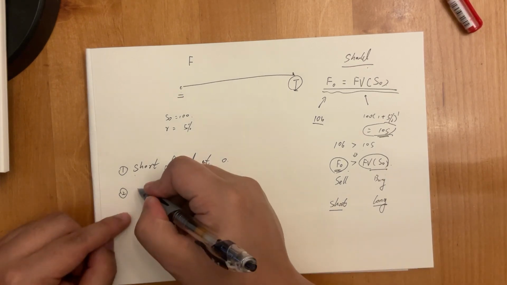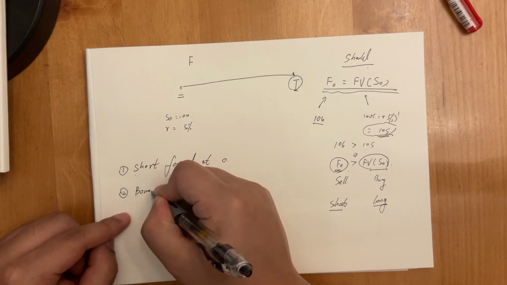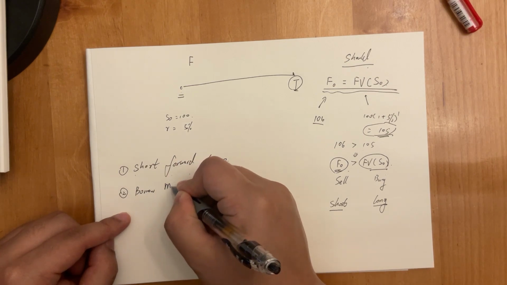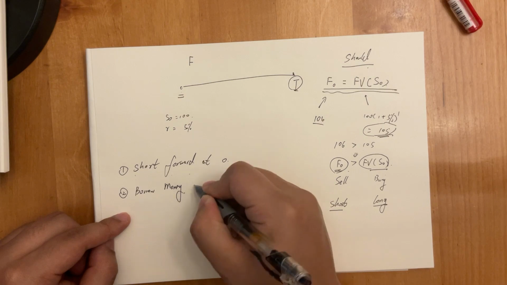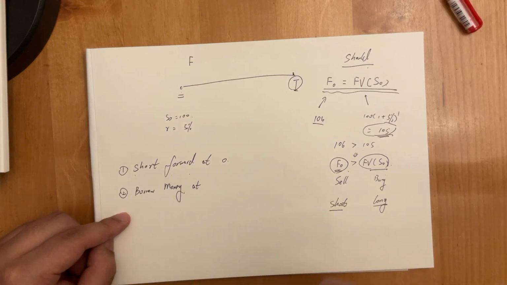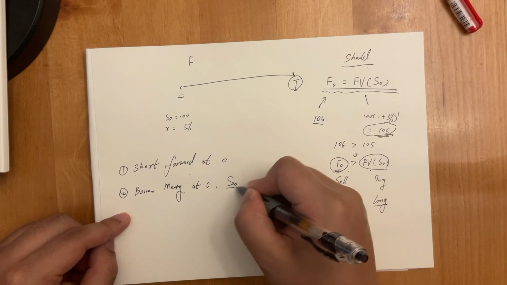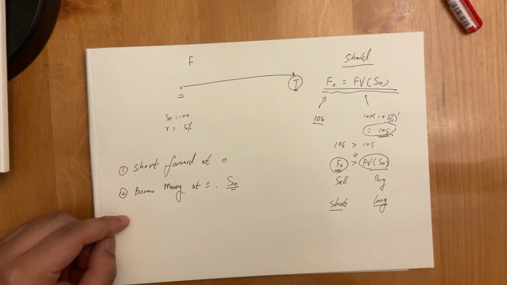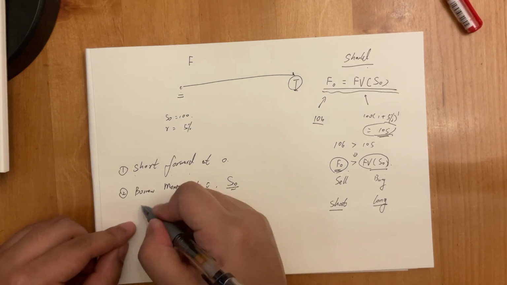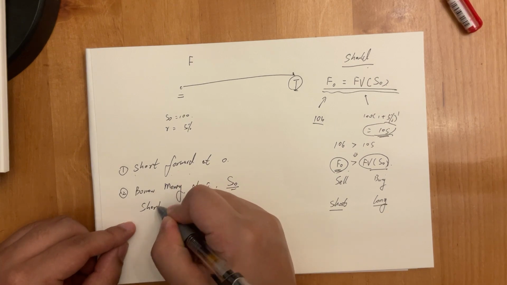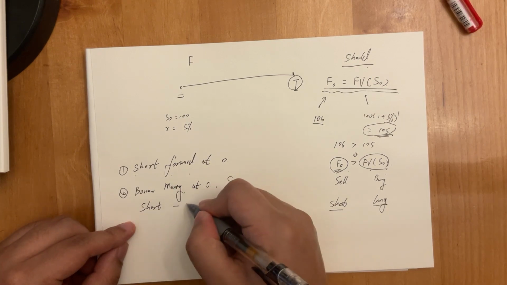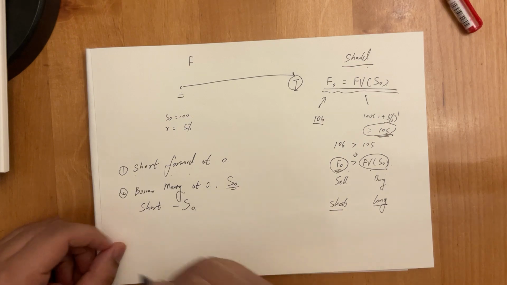So you can borrow money. Borrow money at time 0, borrow S0 amount of money. So basically, it's borrow money, so short money of S0.